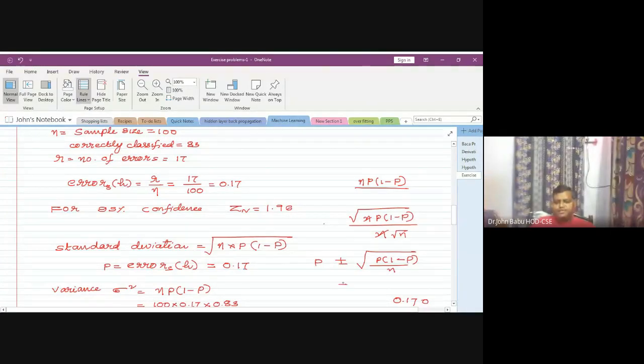So this is nothing but Zn into standard deviation by n. So that is the estimation of population error.